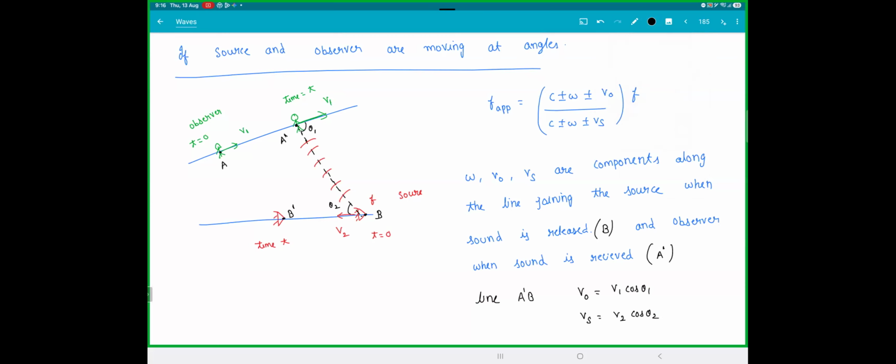If you're not going along the same line, then you have to take components. Which components? Should join the line when the sound is released, and the observer when the sound is received. You're looking at two points which occurred at two different times, and then it works. Clear with this? There are the three levels: without wind, with the wind, at angles. Now let's see a few questions on this.